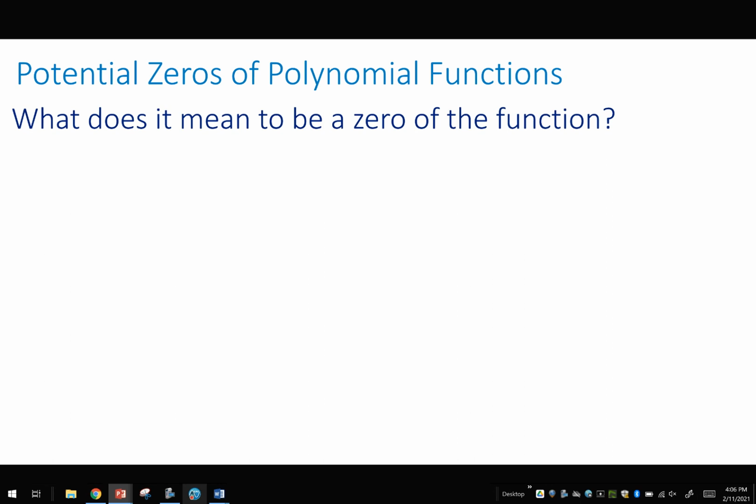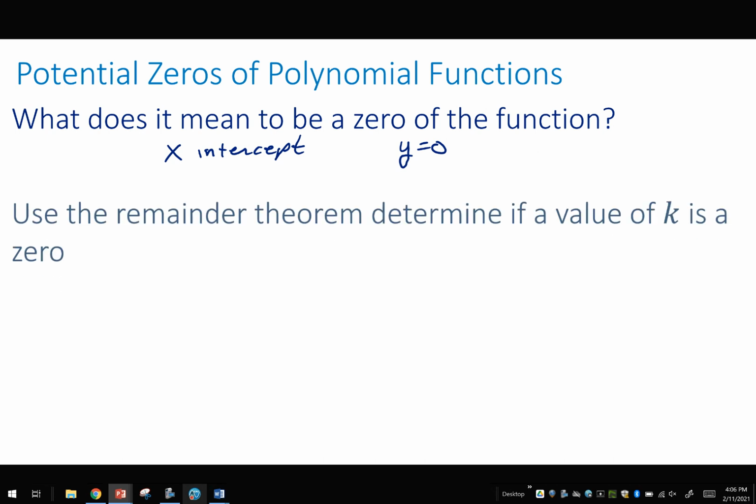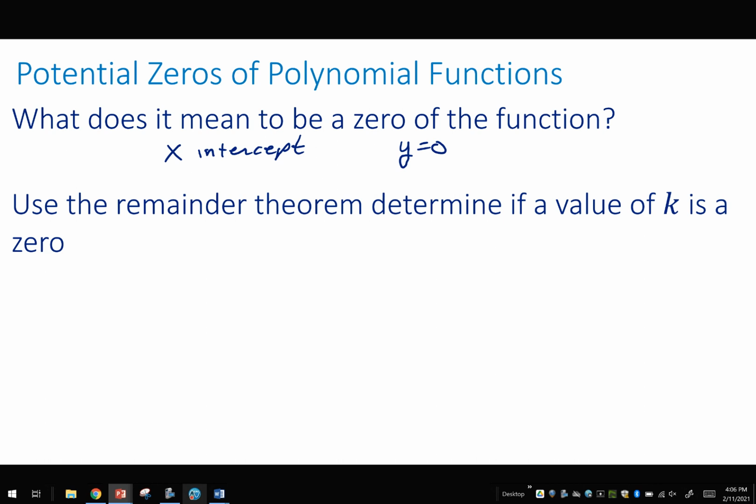Next thing we're going to talk about are potential zeros of polynomial functions. And so again, what does it mean to be a zero of a function? A zero of a function is simply that x-intercept where it's crossing the x-axis, or we can think of it as whenever y is equal to 0, we're not off of the x-axis vertically at all. We can use the remainder theorem to determine if a value of k is actually a 0.